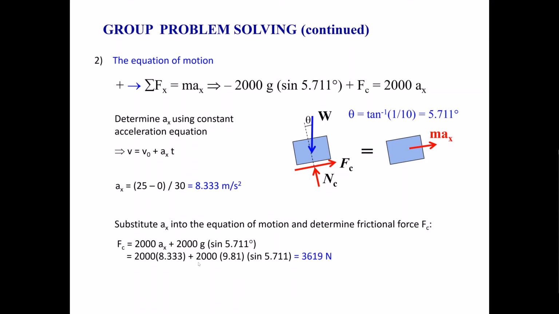Okay, so here's our equation of motion, the previous one we had come up with, where we had two unknowns in this equation. So we substitute in for a_x, and now we can solve for F_C, and here's our force F_C.